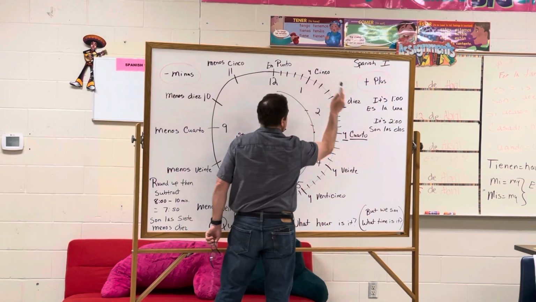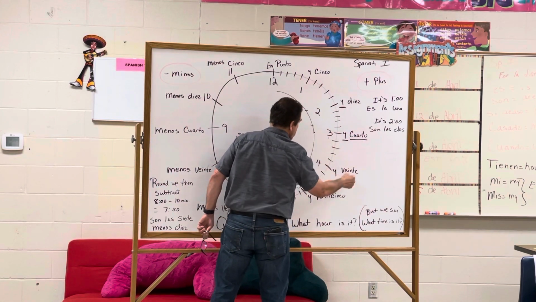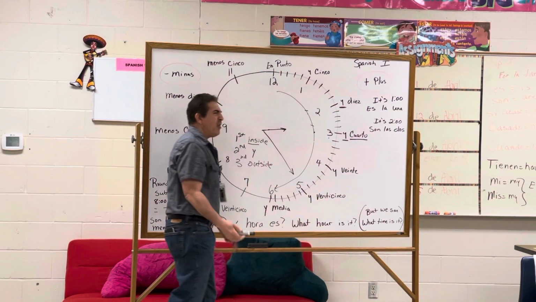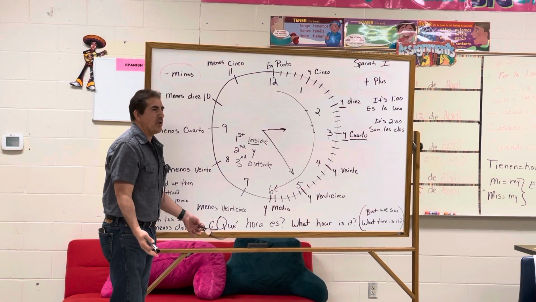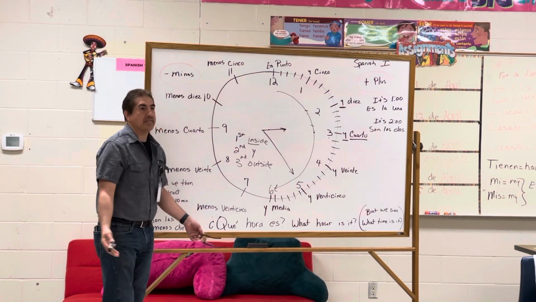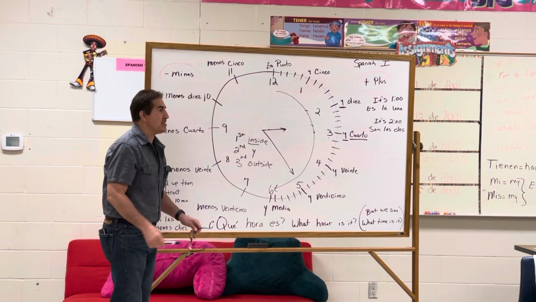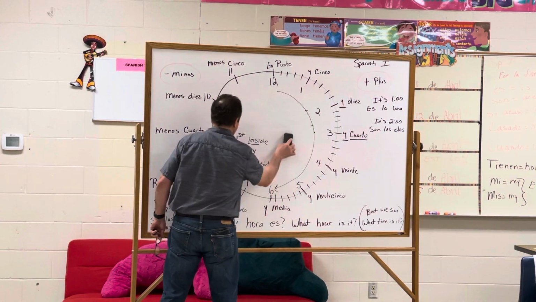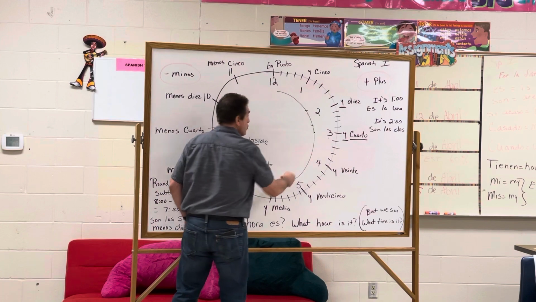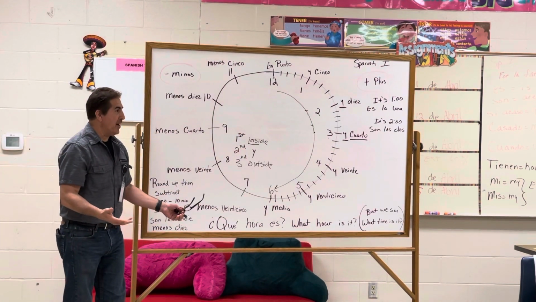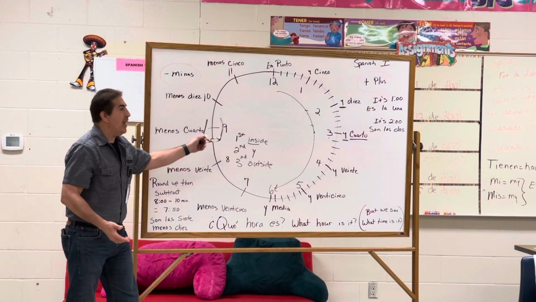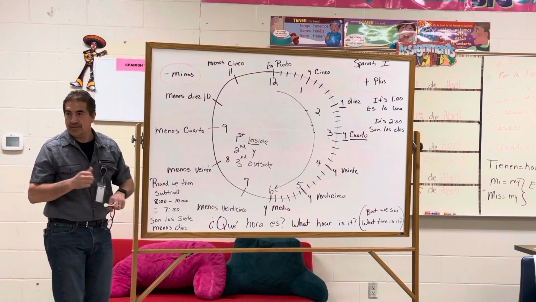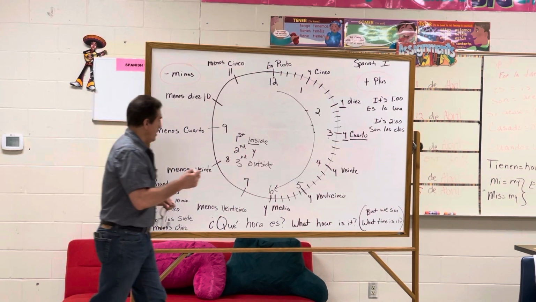So, y 5, y 10, y cuarto, y 20, y 25 are all what? Your minutes. Those are your minutes. Okay. So it's the inside number first, which is the hour, right? Then y, then your minutes. See? Muy bien.